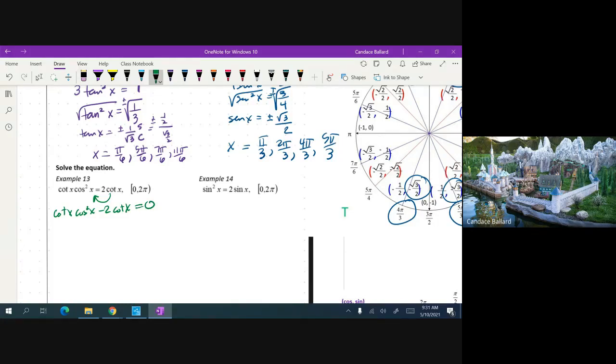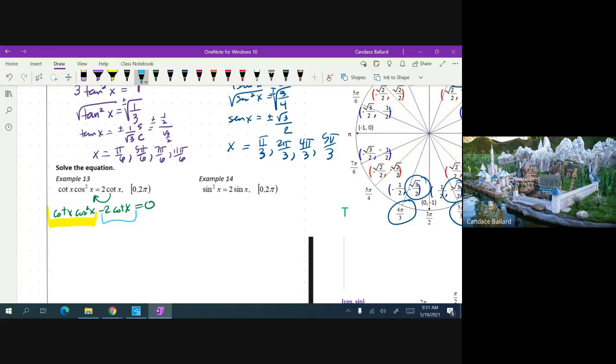Okay, I'm going to look at my yellow group here and my blue group here. Is there something that is in both groups? What do you notice? What's in common in both groups? All right, some of us are seeing a cotangent.